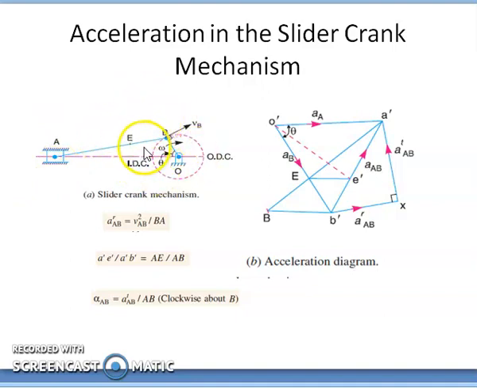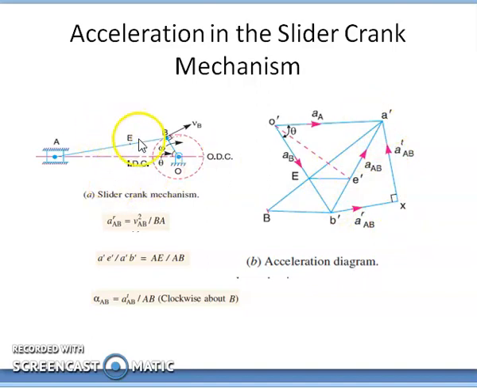Therefore, the acceleration vector will be directed towards point B. From B', I am drawing the acceleration vector, acceleration of AB radial component. And we have the tangential component perpendicular to the radial component. If you find the resultant, that gives the total acceleration.